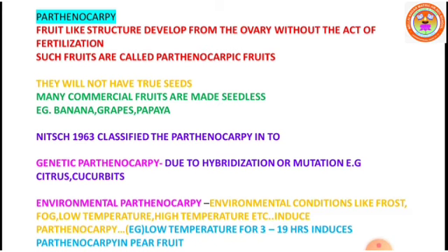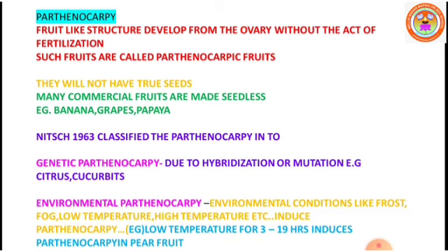To escape from these extreme conditions, the fruits directly develop from the ovary in plants. It is called environmental parthenocarpy.